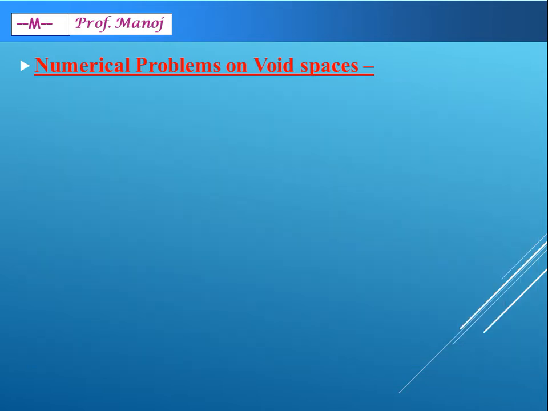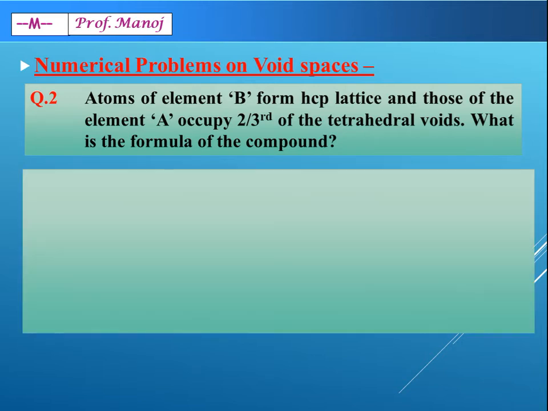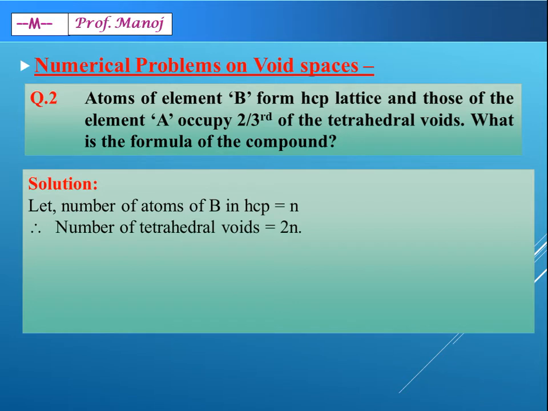See another problem. Atoms of B form HCP lattice and atoms of A are occupying 2/3 of the tetrahedral voids. Calculate the formula. Here, imagine that the number of atoms in HCP is n. The number of tetrahedral voids is always double the number, so it's 2n.